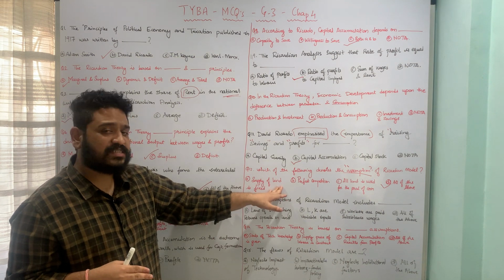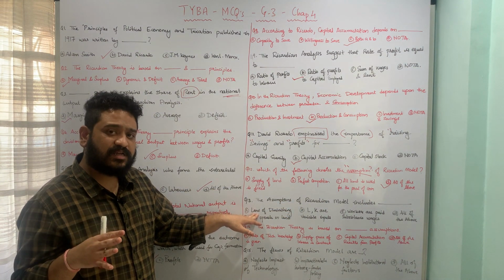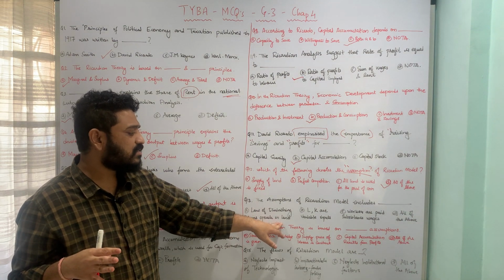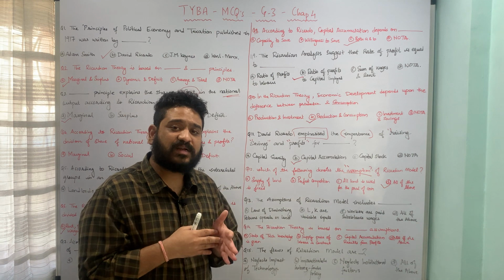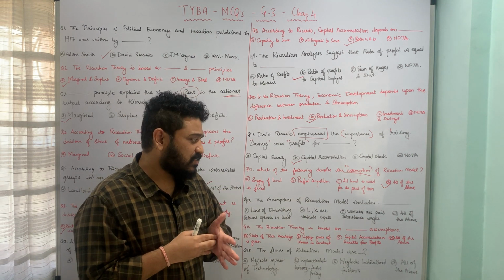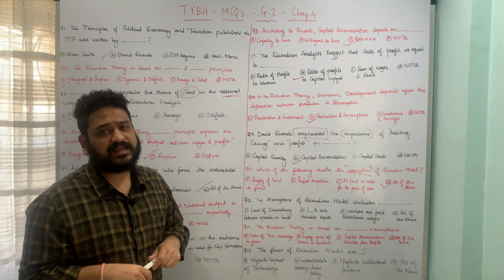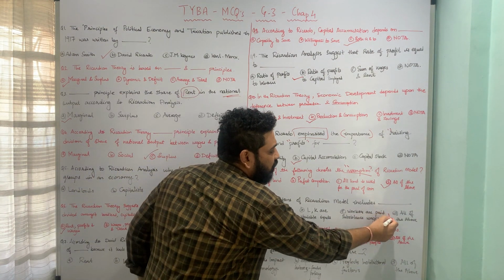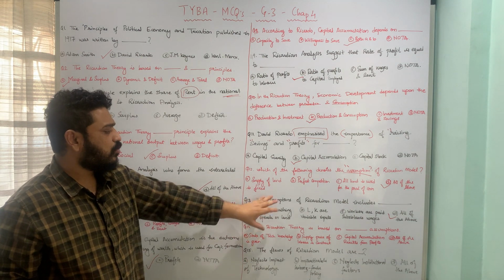In addition to this, all these 3 points, wherein law of diminishing returns operates on land, labor and capital are variable inputs, as well as workers are paid subsistence wages, relate to the assumptions of the Ricardian model, and therefore option D, all of the above, is the correct answer to this question. I hope the question is clear.